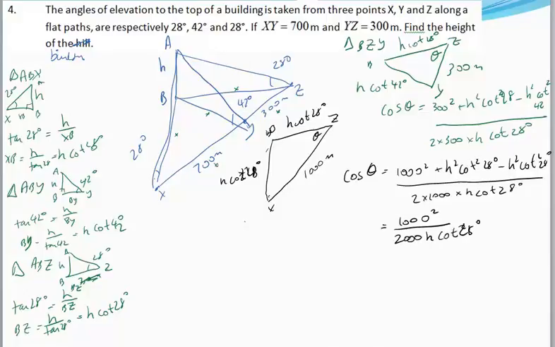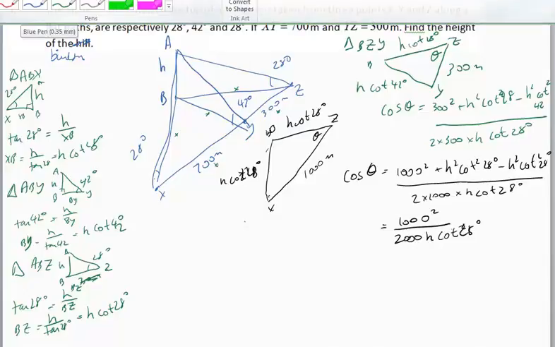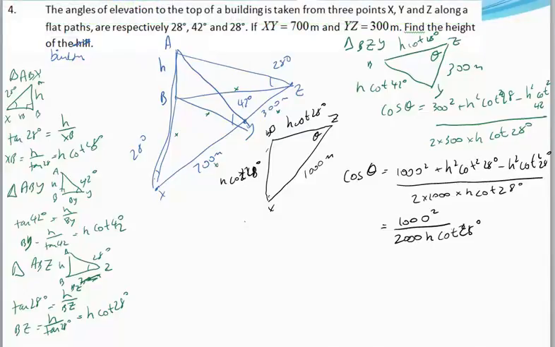Now we have cosine theta and cosine theta, and it's the same angle theta in this triangle and this triangle. So we can make both sides of our equation equal.